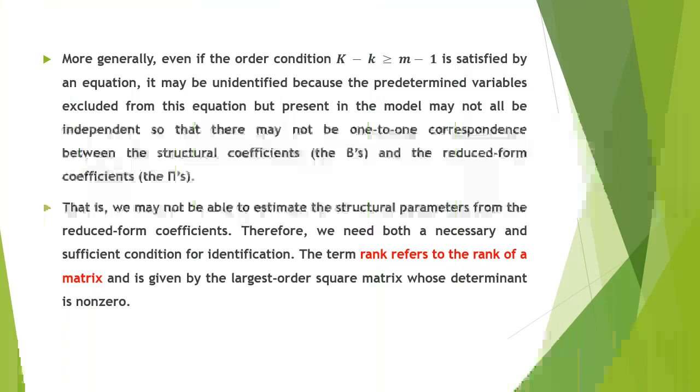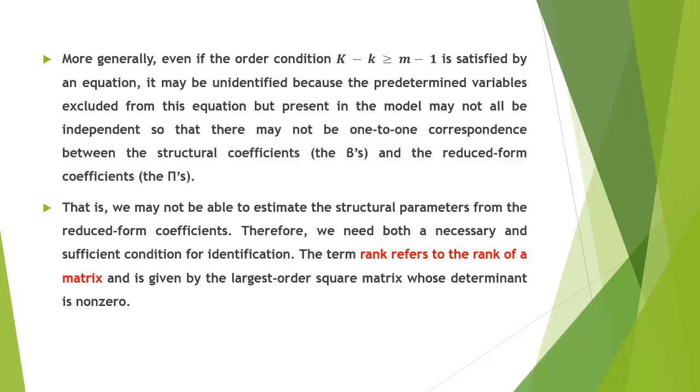More generally, even if the order condition, k minus k greater than or equal to m minus 1, is satisfied by an equation, it may be unidentified because the predetermined variables excluded from this equation but present in the model may not all be independent, so that there may not be a one-to-one correspondence between the structural coefficients, that is the betas, and the reduced form coefficients, that is the pi's.